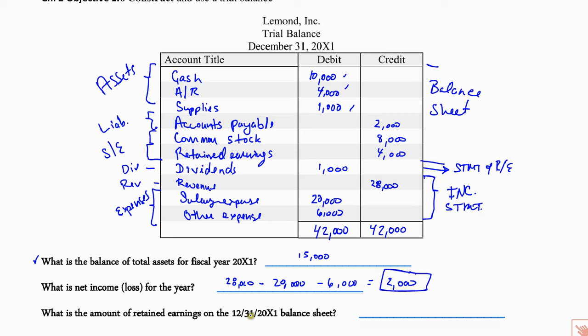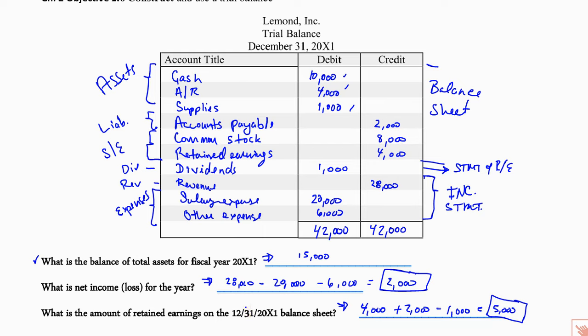What is the amount of retained earnings on the balance sheet? Well, you started with 4,000. You're going to add 2,000 net income minus 1,000 dividends equals 5,000. So on the balance sheet, the updated amount, and this right here is essentially a statement of retained earnings. This is essentially an income statement, and here is half your balance sheet.